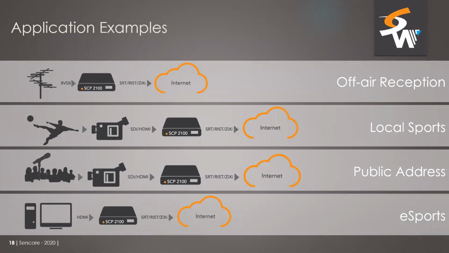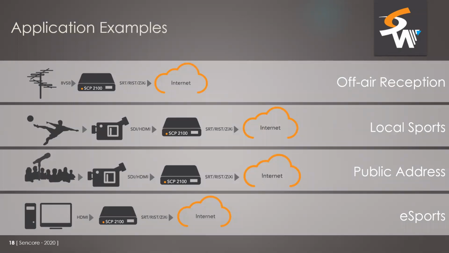Where maybe you have one camera that's focused on the table or the field or those types of things. You would do all your collection with the camera, run HDMI or SDI into the SCP, do any encoding or transcoding that you need, and then run that over the internet back to your head end again.